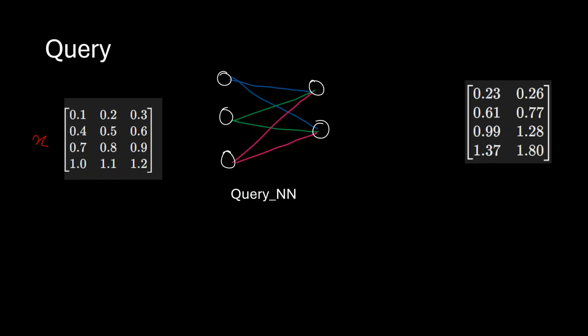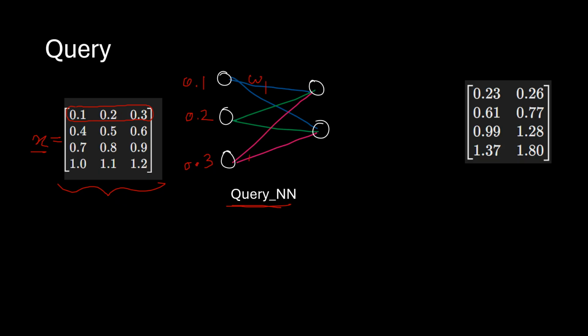So this is our input embedding matrix, and we'll put this through another neural network, the query neural network, and we'll produce the query just as before. So first of all, the first row of the input embedding matrix will be put as input to this network, 0.2, 0.2, 0.3. And then it will go through this neural network.